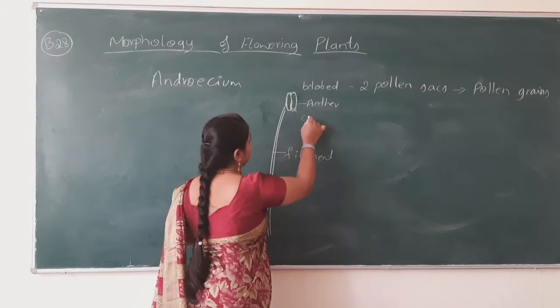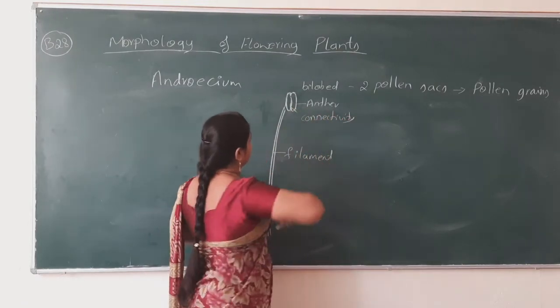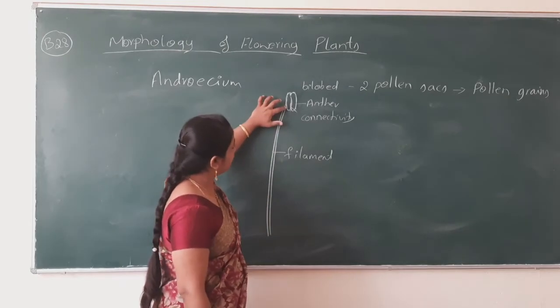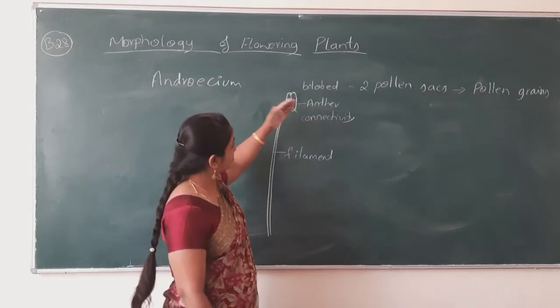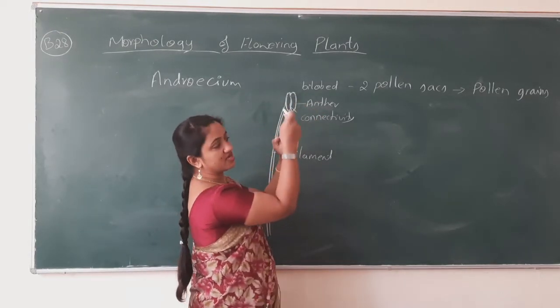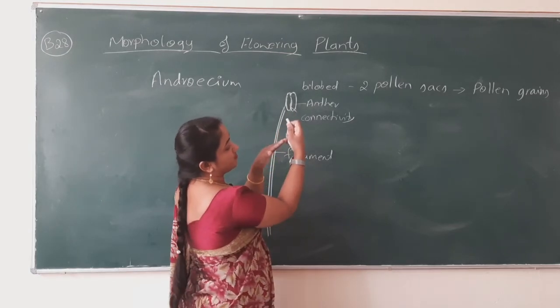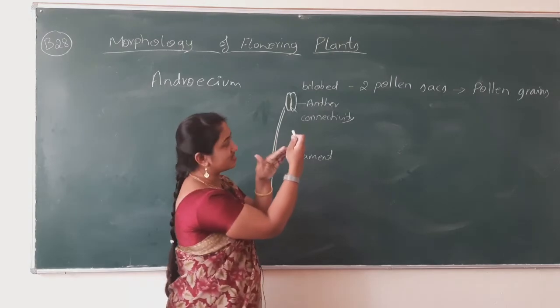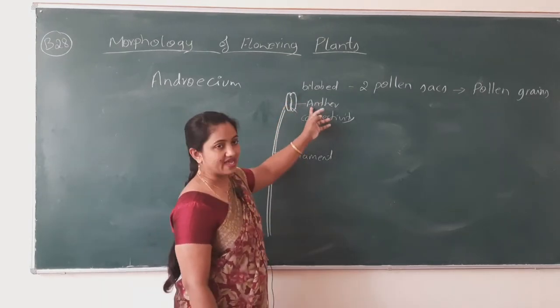So this is the connective. The filament gets attached to the connective, next to the ventral surface. Suppose this is the bilobed structure. Somewhere here the filament gets attached to the lobes, or to the anther.